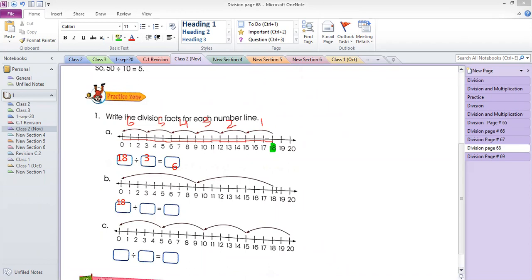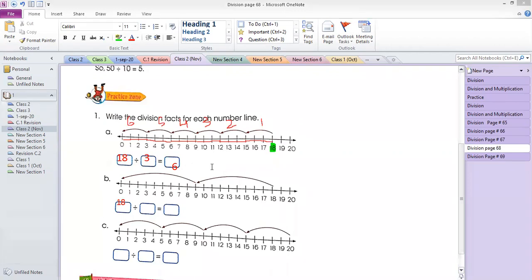Some of the students are saying 9. Okay. Let's check, guys. Let's check. Very good. Most of the students are now saying 9. Alright, now I'm going to close it for a while.